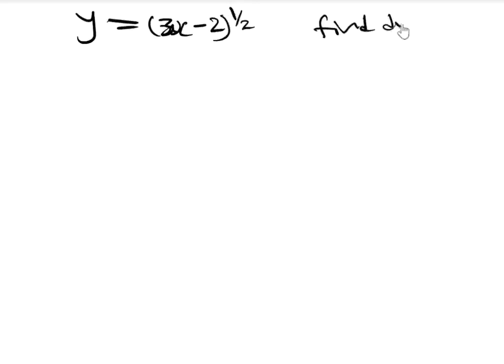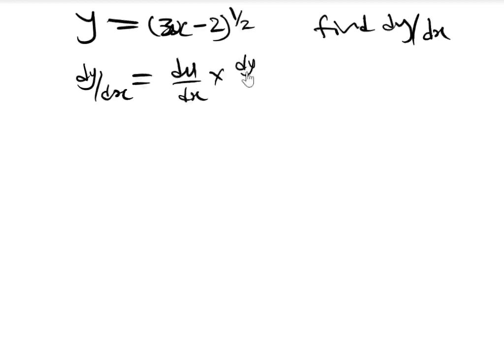Consider this example. If y is equal to (3x minus 2) power half, we should find dy/dx. We are going to solve this using a function of a function, and the formula is dy/dx is equal to du/dx multiplied by dy/du.